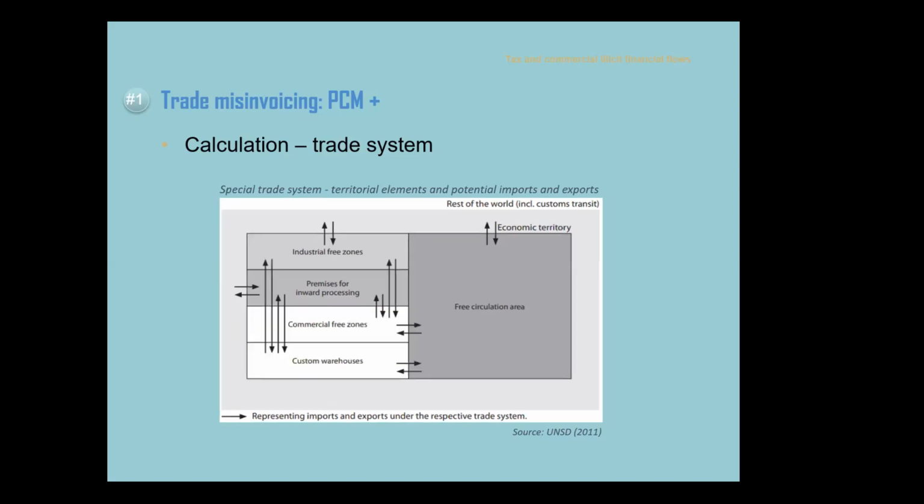Now, what happens if the statistical territory is not the same as the economic territory? In this case, we have a special trade system.